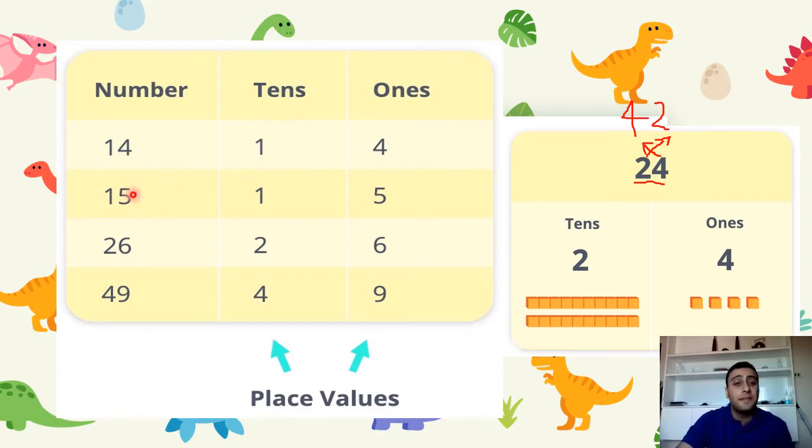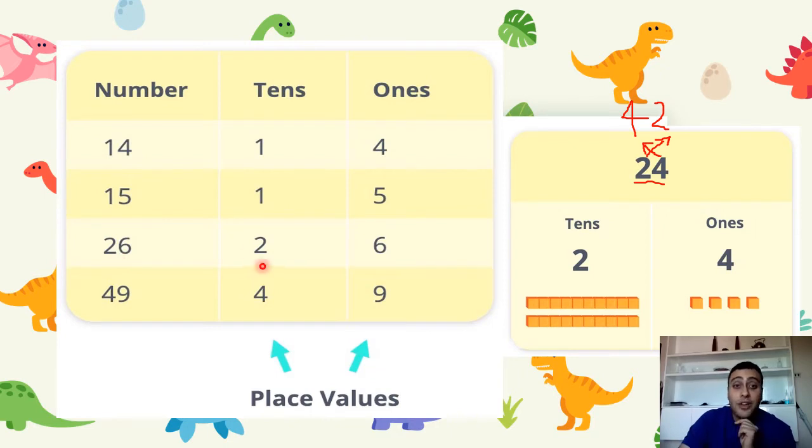Let's look at 15. How many ones do we have here? We have 5 ones. Very good. And we have 1 tens. Look at this one. 26. How many tens do we have in 26?